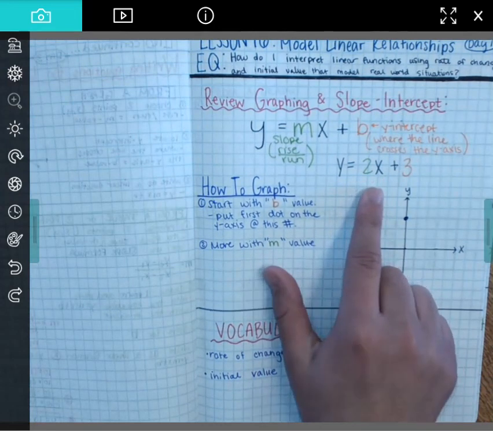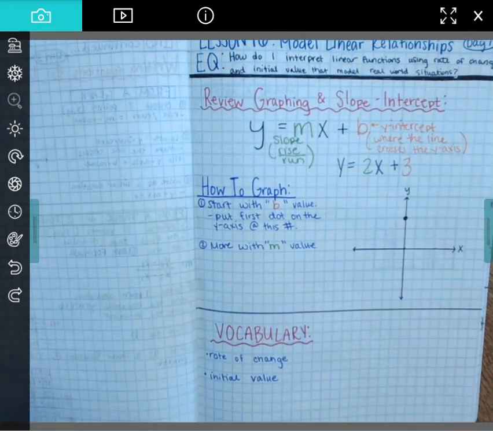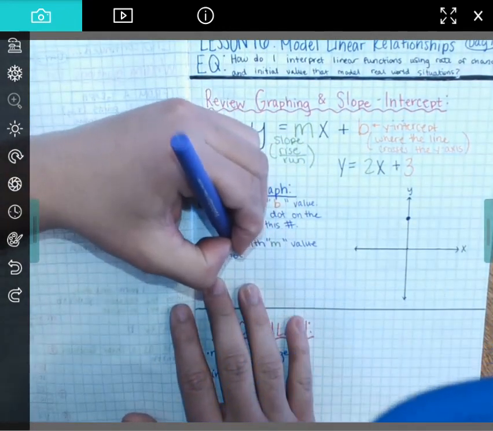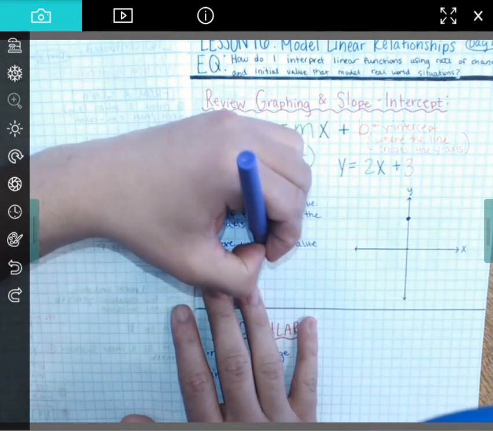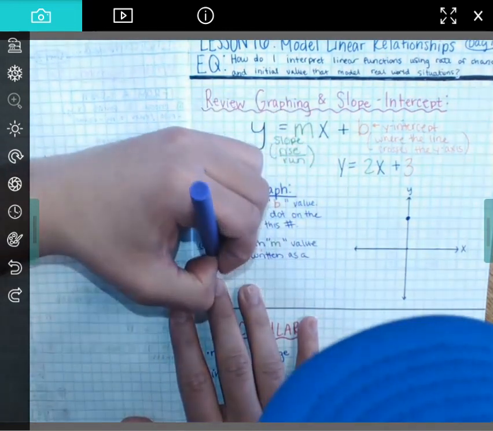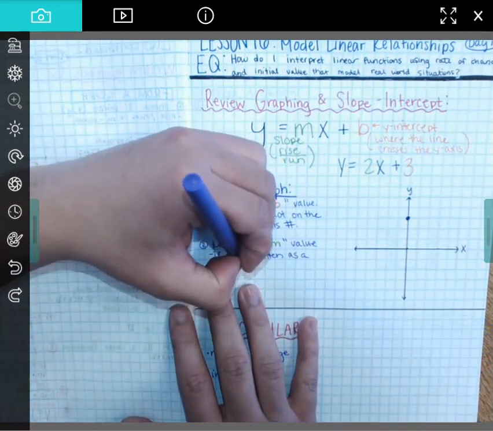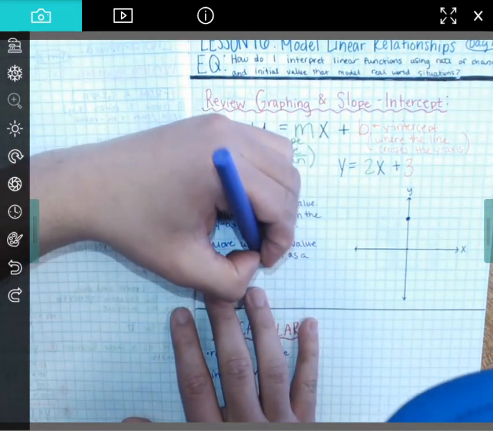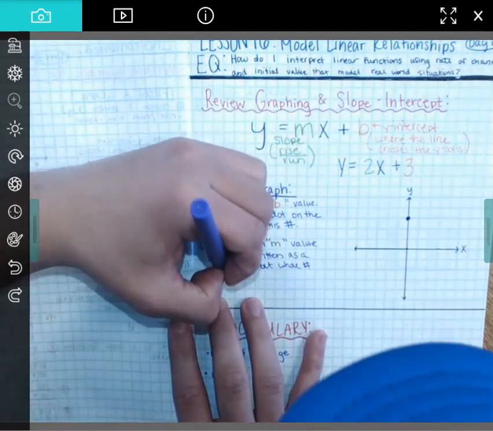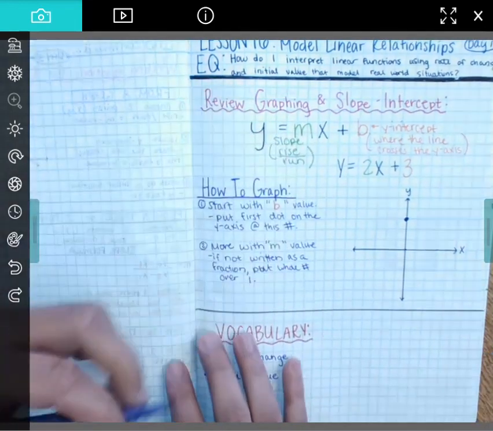If it's not written as a fraction, we're going to put the whole number over 1. So let's put that in our notes: if not written as a fraction, we're going to put the whole number over 1.